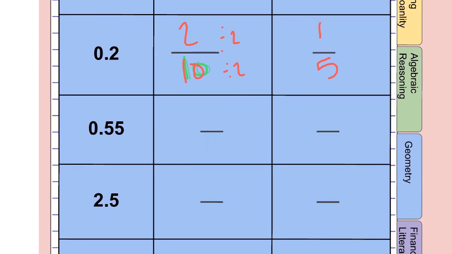Okay, the next one, I have 0.55, and how I would say that is I would say 0 and 55 hundredths. So because it's the second place value, it is hundredths, so my fraction is going to be over 100. And we're going to put this number right here over 100. So we're going to say 55 over 100 or 55 hundredths. Okay, and again, we're going to try and simplify.